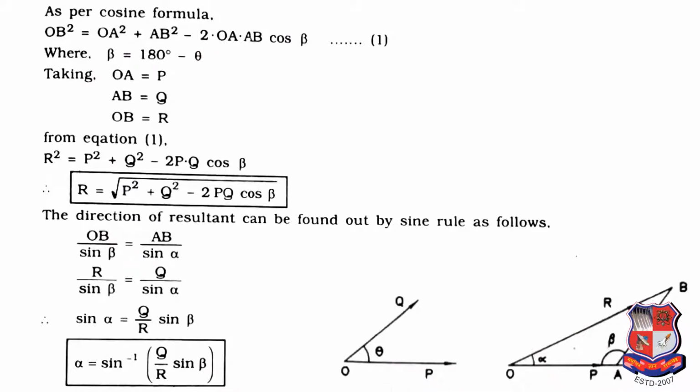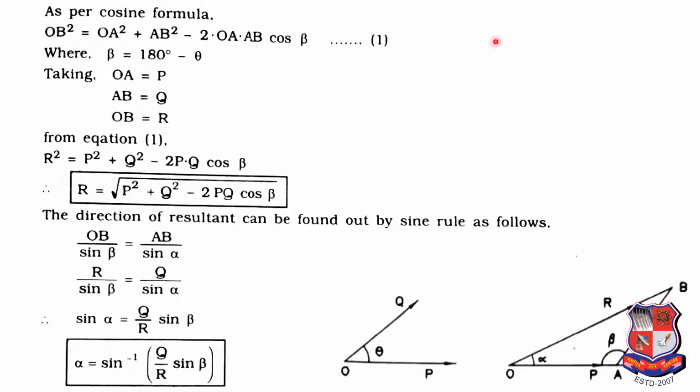From the figure, you can see OA is equal to P, AB is equal to Q and OB is equal to R. So from equation number 1, we simply put P, Q, R in place of OA, AB and OB respectively.